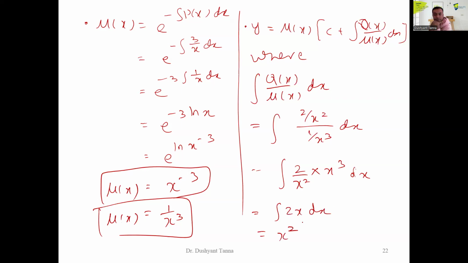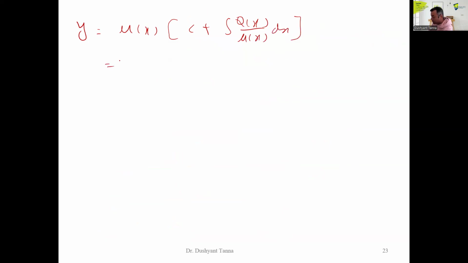x squared. Okay, so once I figured that bit out, my next step is y is equal to mu(x) times c plus the integration of Q(x) over mu(x) dx. I replace that bit. mu(x) was 1 over x cubed, or x to the power minus 3, times C plus this, which was x squared.